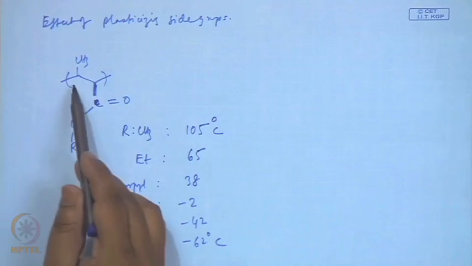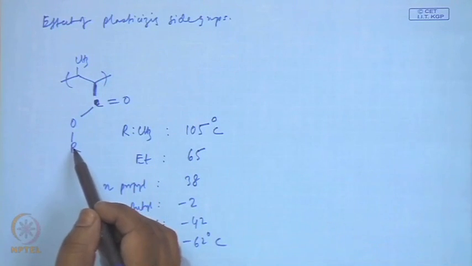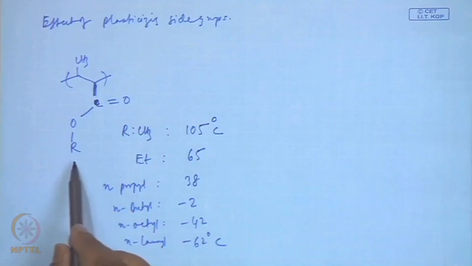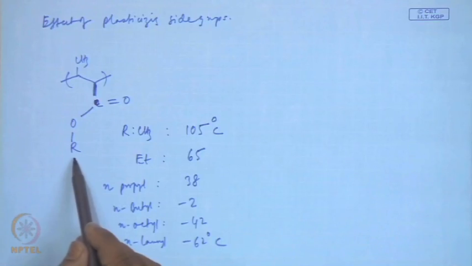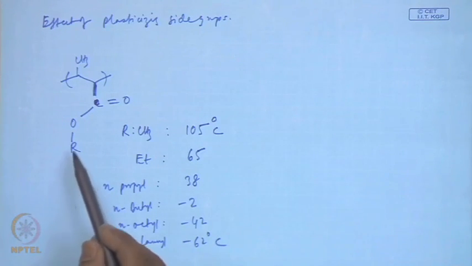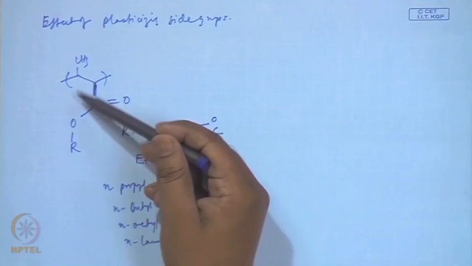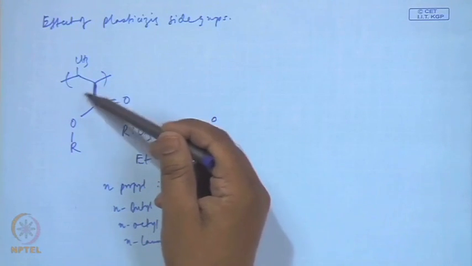So, look, if you go further apart from the backbone, and we keep on increasing the chain length, what happens is that the further increase in the polymer side chain does not contribute too much to the restriction of the bond rotation.